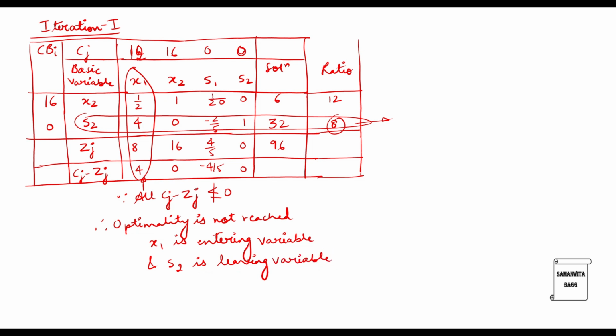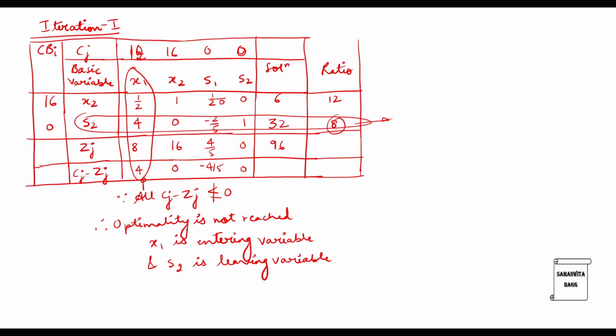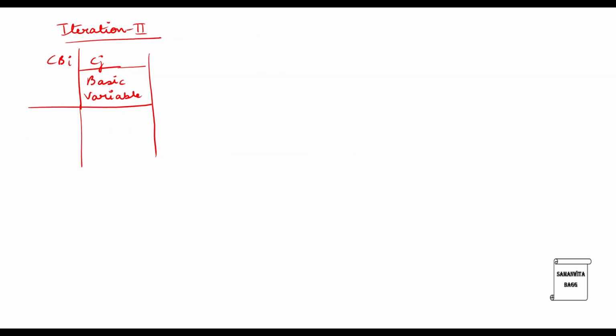So once we have figured this out, we will make the table for the next iteration. So I'll write down iteration 2. Again CBI, Cj, basic variable. Here we will have x2, and instead of s2 we will have x1.